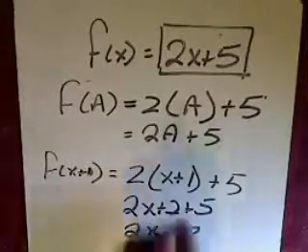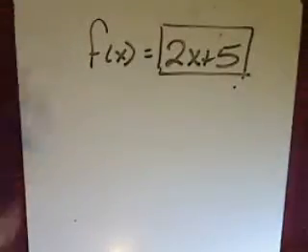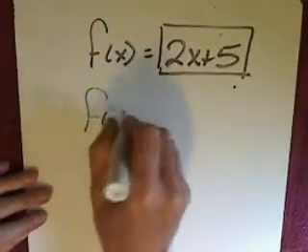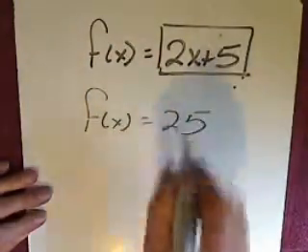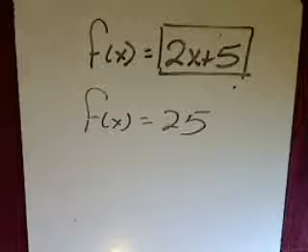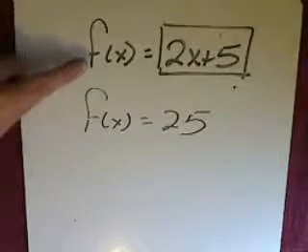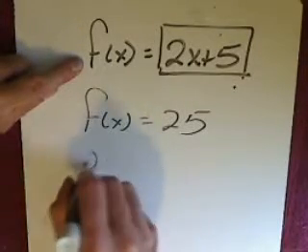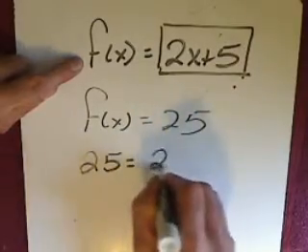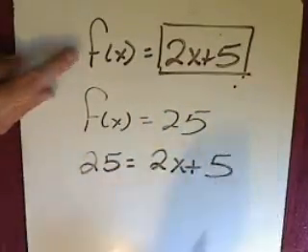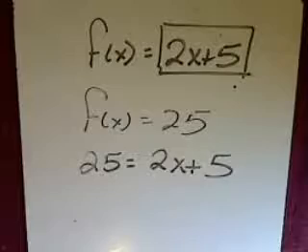Now, one last question about this. Someone could say, okay, what if I give you an output value? What if I tell you that f of x is 25? Can you find x? f of x is 25, so 25 is equal to 2x plus 5. Lo and behold, we have a linear equation.